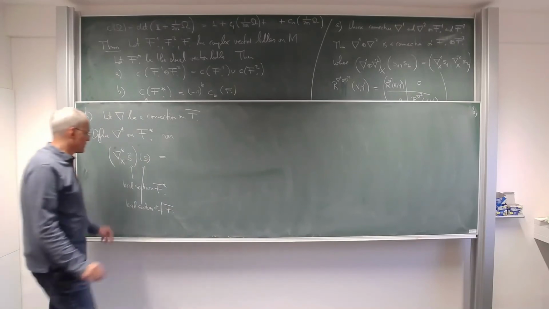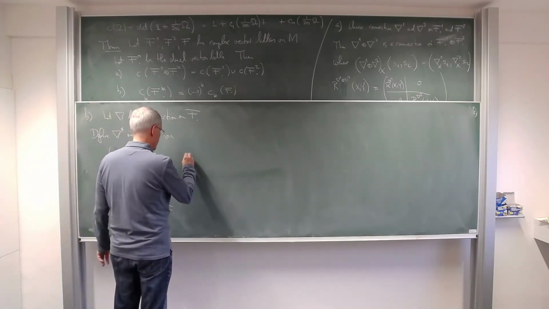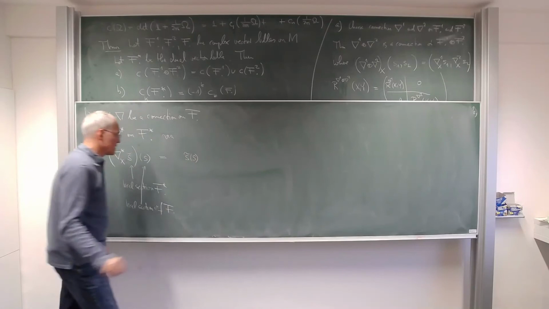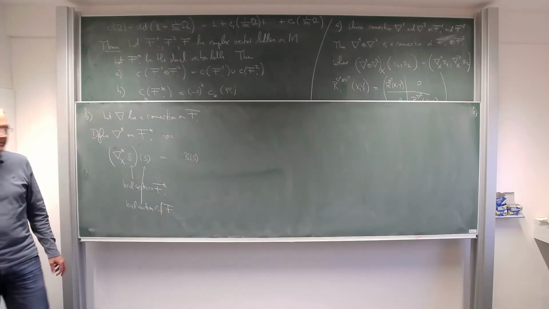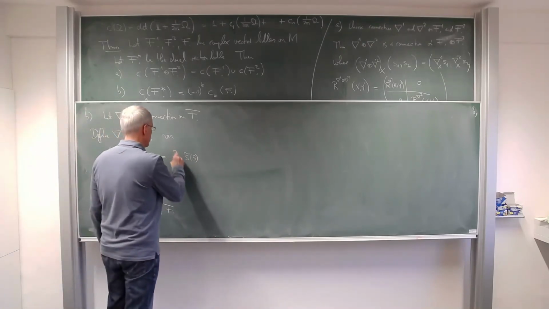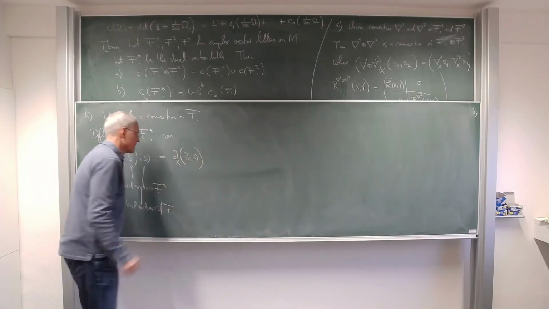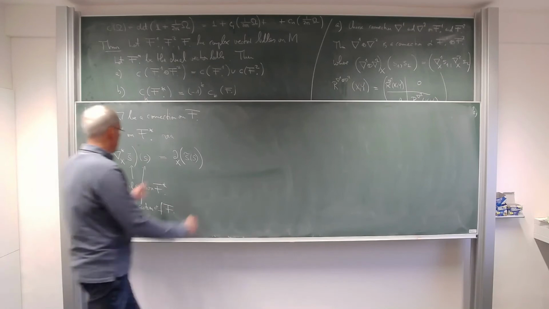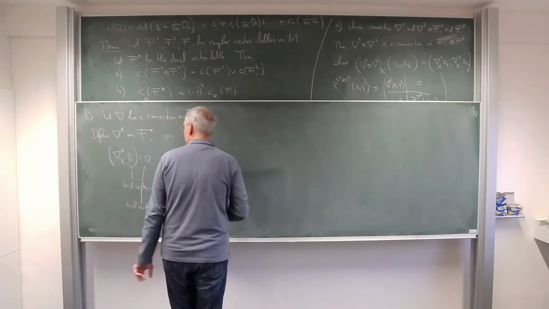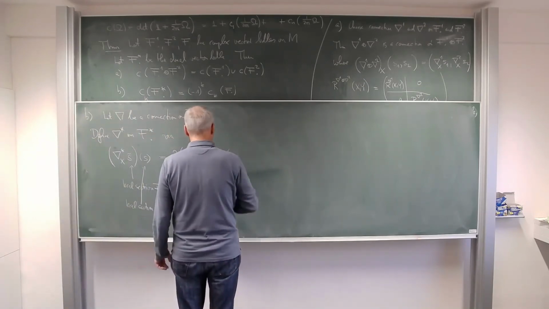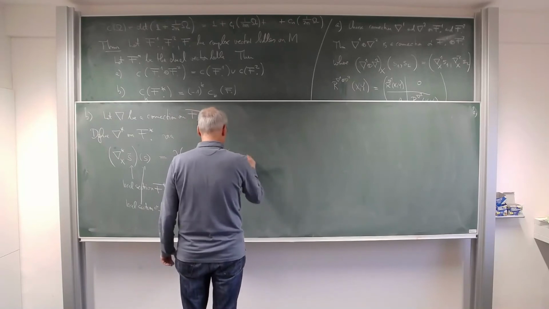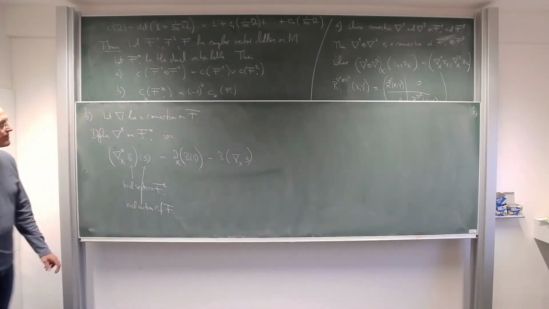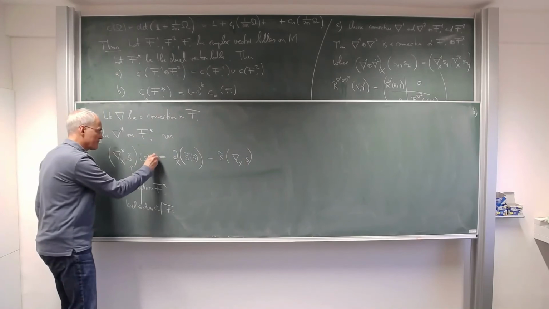Well, it's defined as follows. You apply S tilde to S everywhere, then this is a locally defined function. A function can be differentiated in the usual way. There's no need for a connection for that. And then I subtract S tilde applied to nabla x of S. So that's the definition.